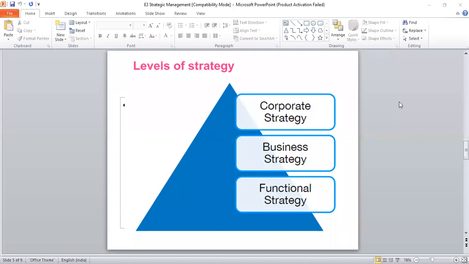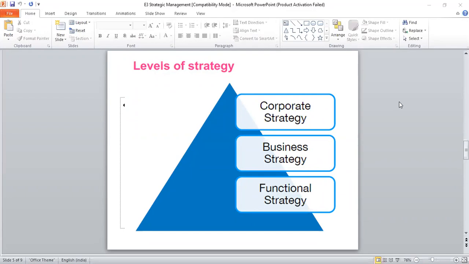There are three different levels of strategy. That's given in the form of a pyramid. Do you see that it's in the form of a pyramid? At the top level, we see the corporate strategy. In the middle of this pyramid, we see the business strategy, and at the bottom of the pyramid, we see the functional strategy.